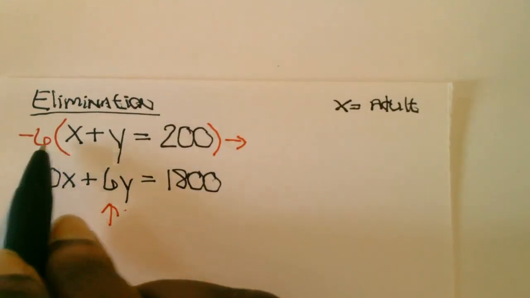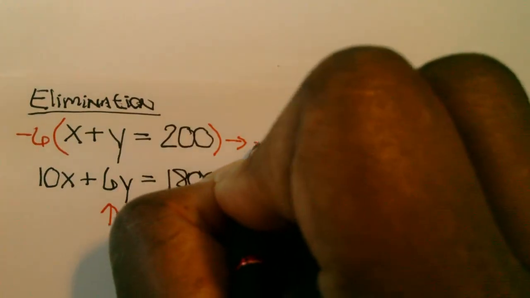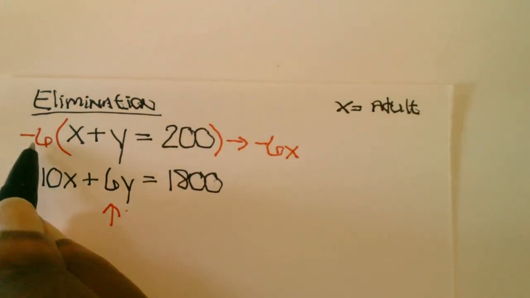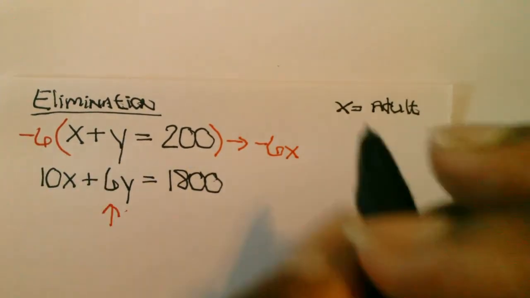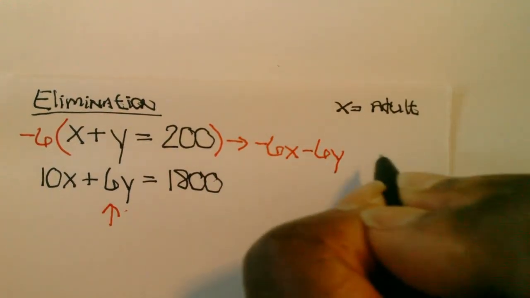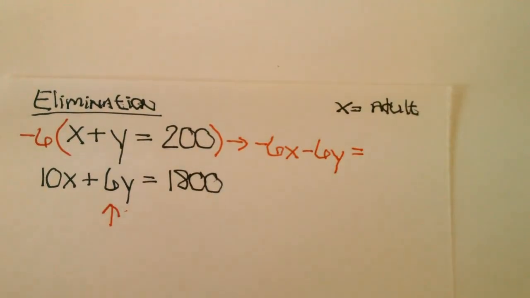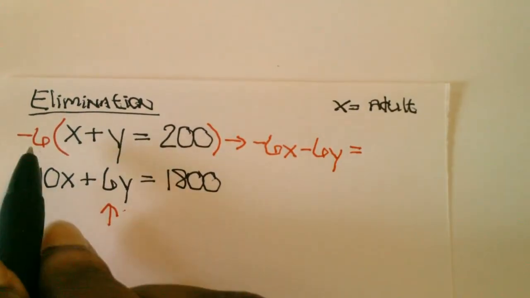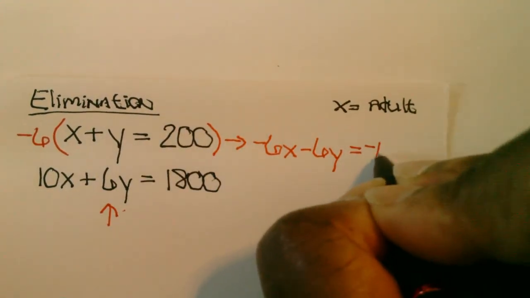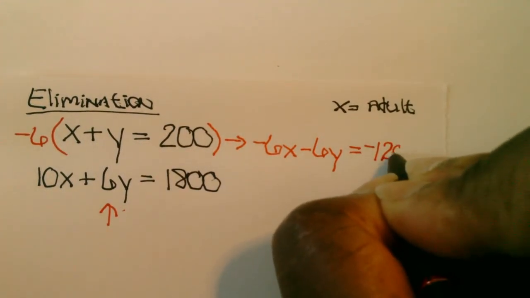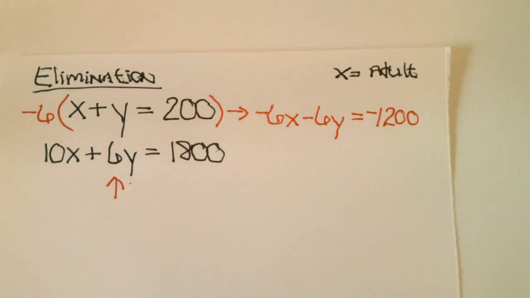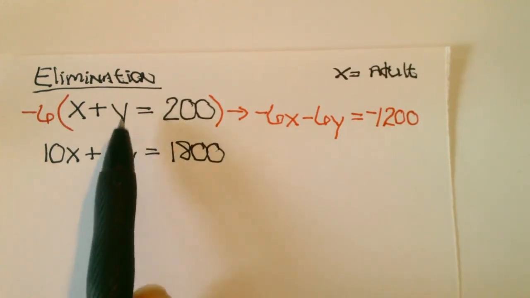Negative 6 times x gives me negative 6x. Negative 6 times y gives me a negative 6y. Bring down my equals. And then negative 6 times 200 gives me a negative 1,200.